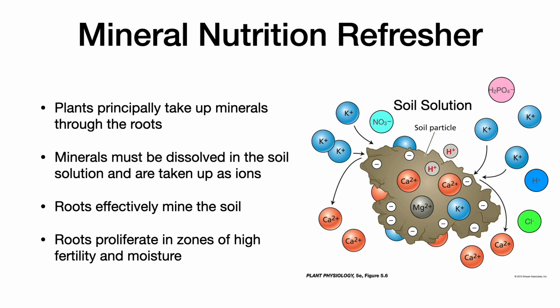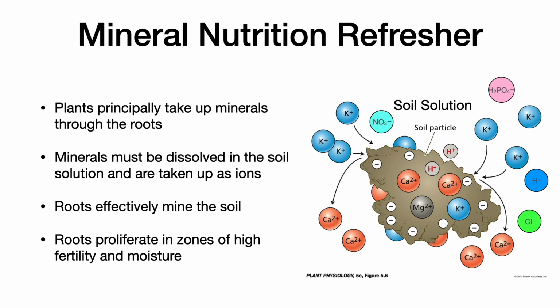They're taken up as dissolved minerals, as ions in solution. The roots effectively mine the soil, so the nutrients don't go so much to the roots as the roots go to the nutrients. And therefore, roots proliferate in zones of high fertility and moisture.